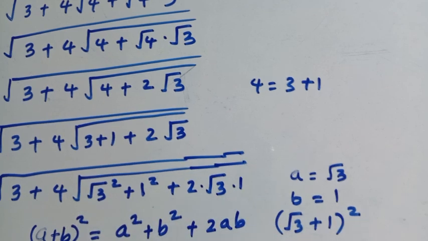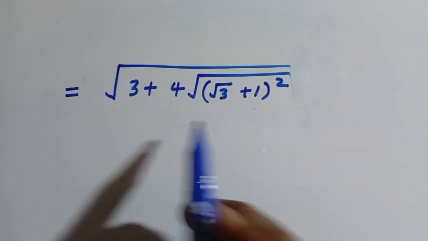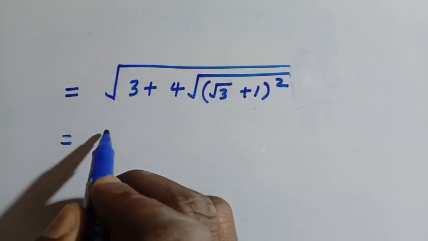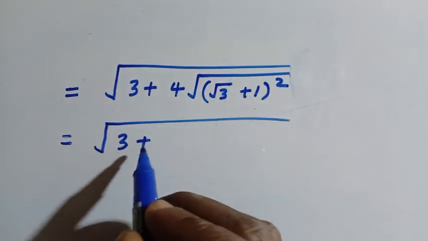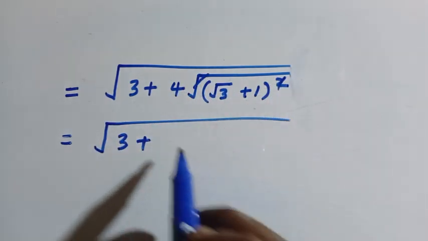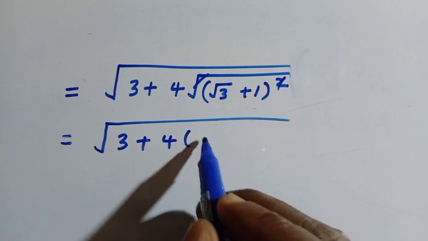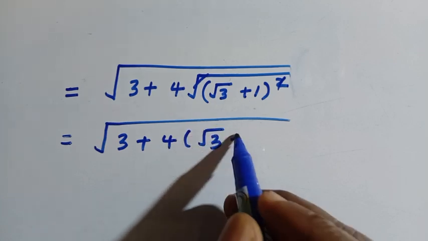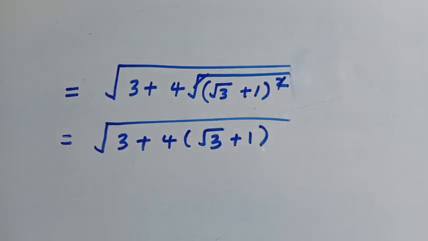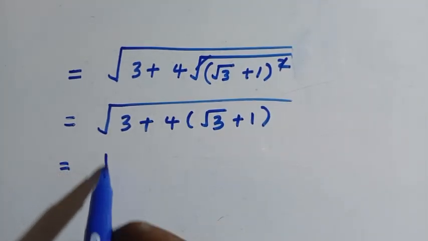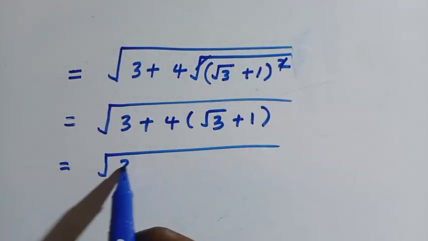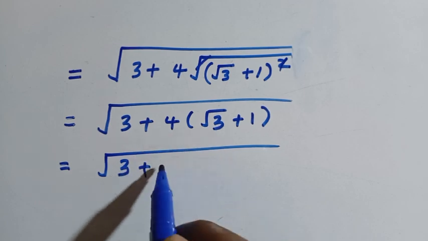Then when we compress it, here is what we are going to have, and this equals the square root of 3 plus, so note this and this cancelled, and we have 4 into the bracket of square root of 3 plus 1. And here, when we try to expand this, we have the square root of 3 plus 4 times root 3.